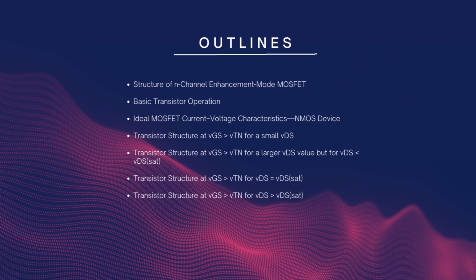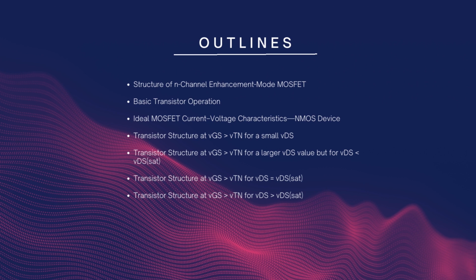First, we will discuss the transistor structure at VGS greater than the threshold voltage and for a small value of VDS. Further, we will discuss the transistor structure for VGS greater than threshold voltage for a larger value of VDS, but less than the saturation value.